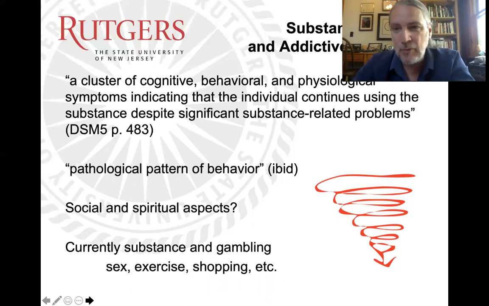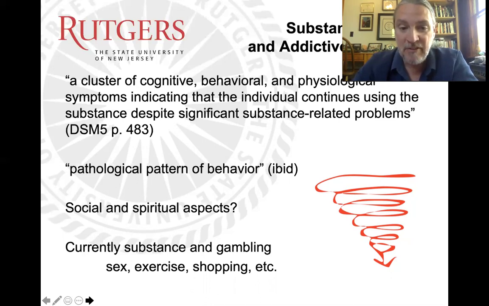Another problem is the way the DSM looks at addiction now. You're not going to hear me too often using the term substance abuse. I prefer the term addiction because I believe the term substance abuse leaves out all of these other types of addictions, for example, sex, exercise, shopping, compulsive eating, et cetera.